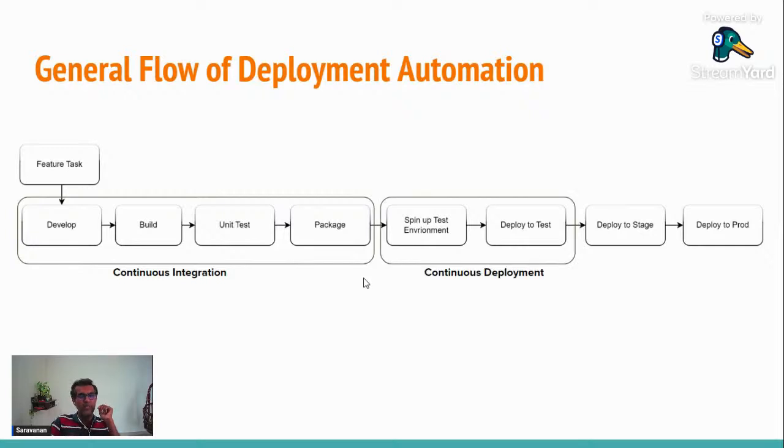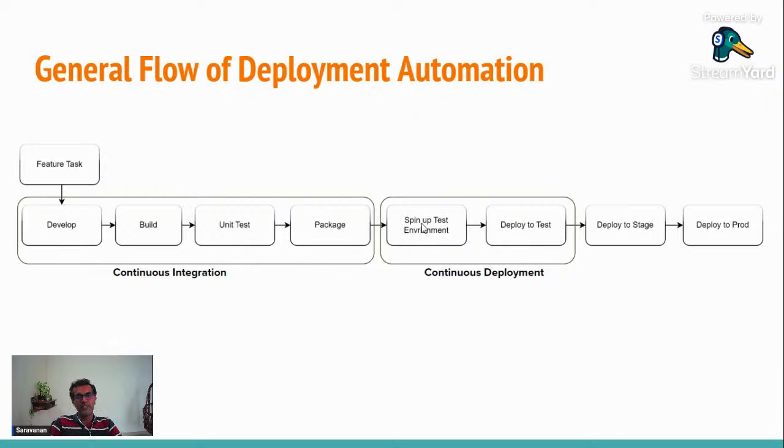So as I mentioned in the previous session also, there are two things in CI/CD. CI is continuous integration, and CD can be continuous deployment as well as continuous delivery. Continuous deployment can be used if no approvals are needed when pushing the code to the other environments, right?